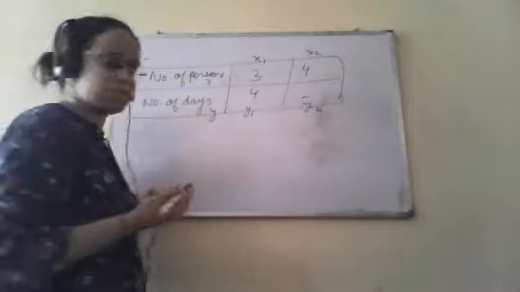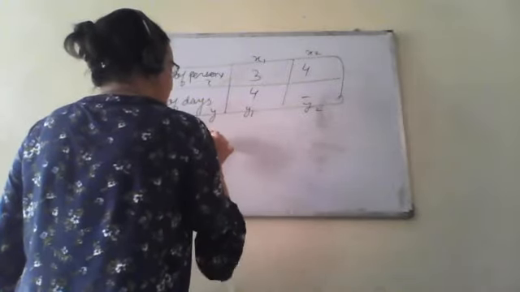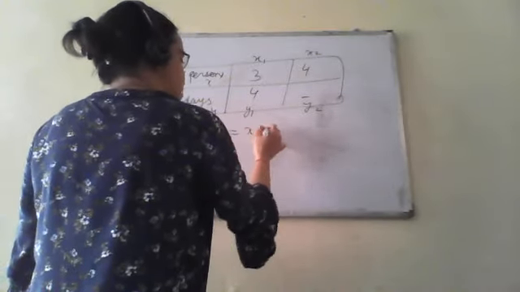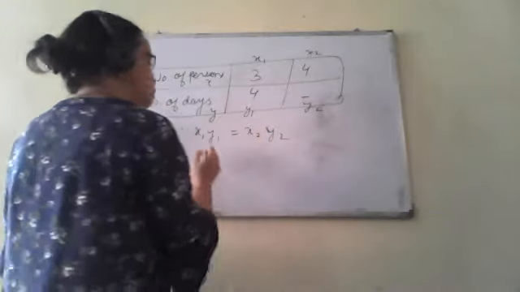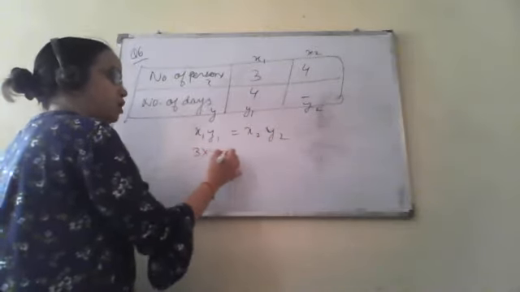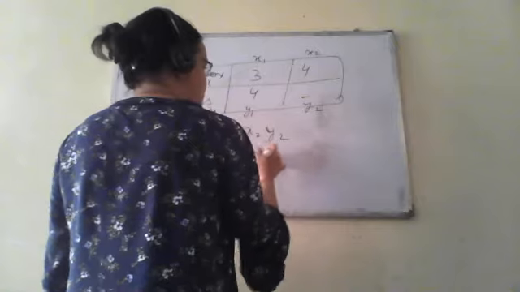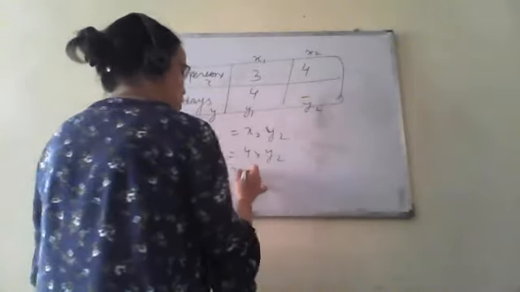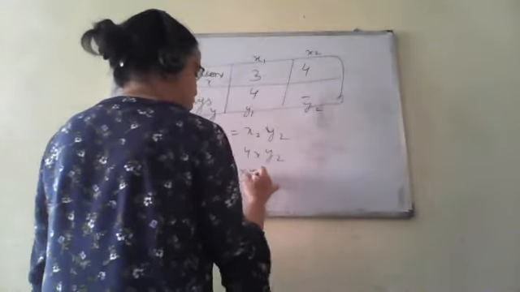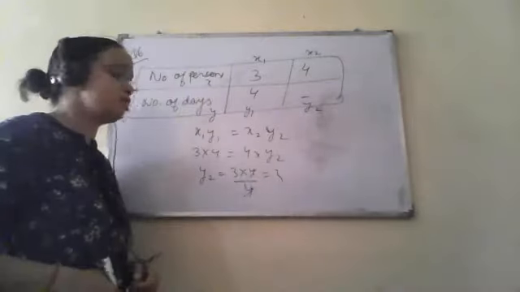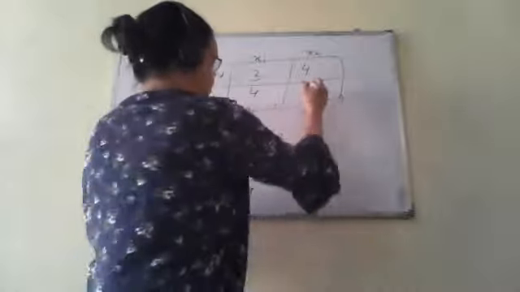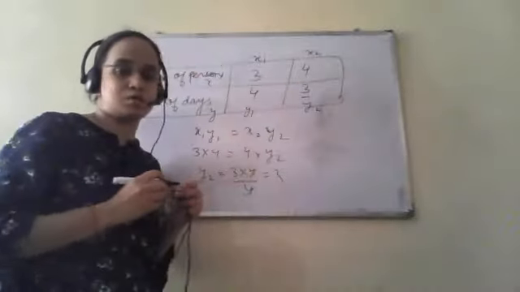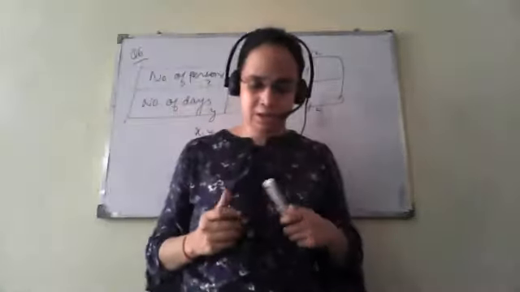Again we apply the simple thing, x1 y1 equals x2 y2. This is 3 into 4, and x2 is 4, and y2 we have to calculate. So y2 will be equal to 3 into 4 upon 4, that is 3. So the number of days required will be 3 if he is using 4 persons. Clear?